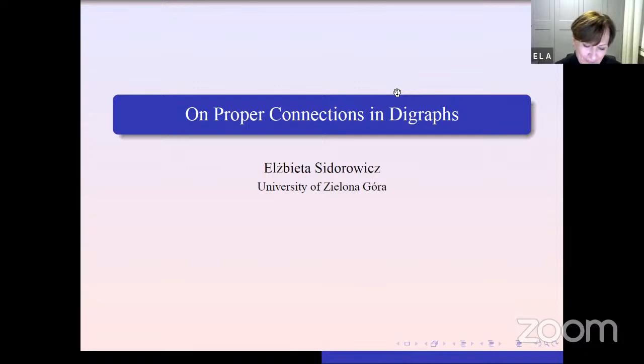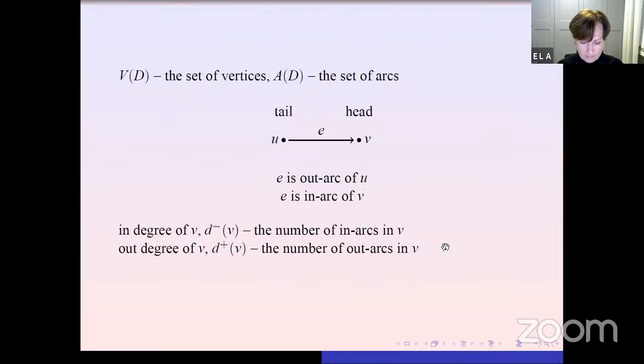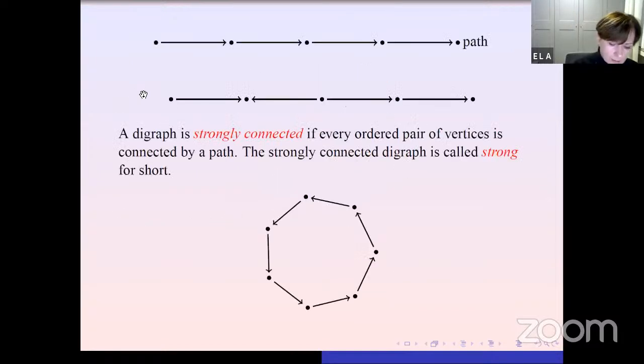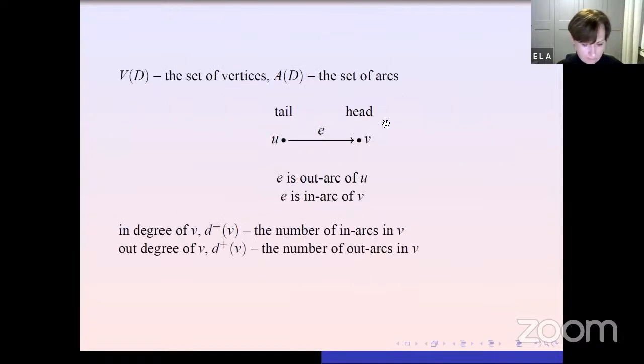So I'm going to talk about proper connection in graphs, and let's start with some notation. By V of D, we denote the set of vertices of a digraph, and by A of D, the set of arcs.